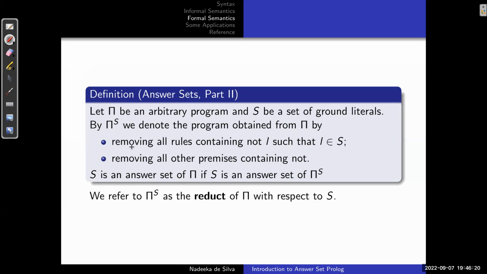Okay, so if I want to check whether S is an answer set, I have to remove all the rules containing not L if L is an element of S. Then I remove all the other premises containing not. Okay, so if S is an answer set of pi S, then we can say S is also an answer set of pi.